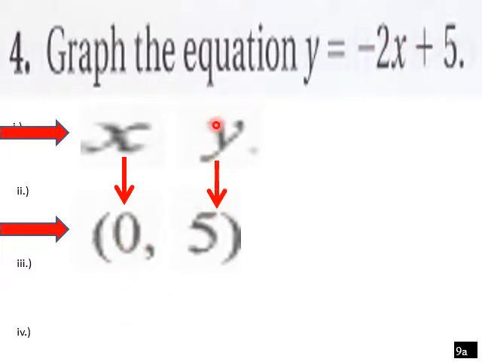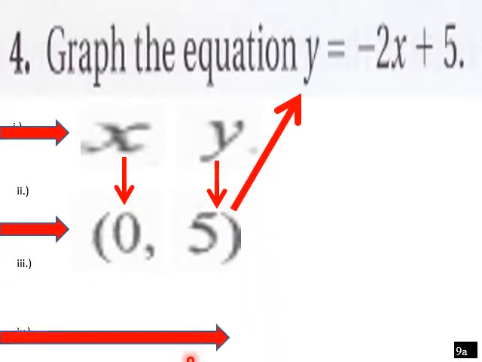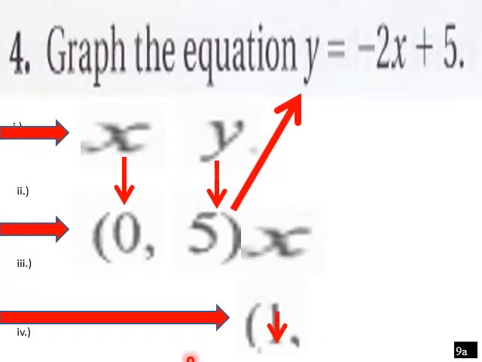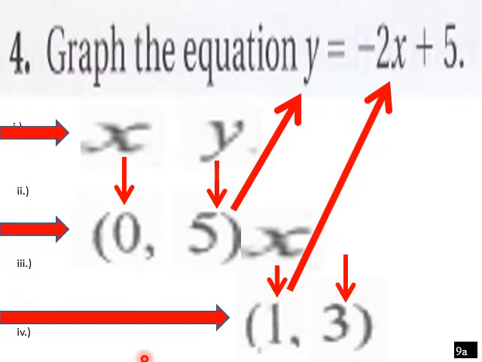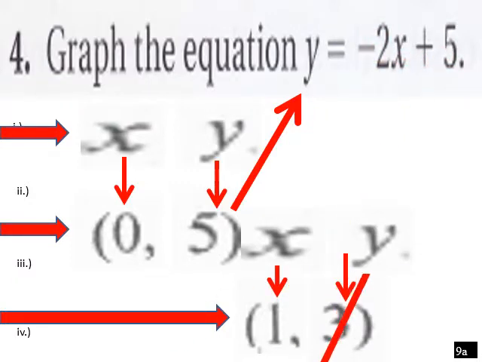When x equals 0, this is our y-intercept right here, positive 5. And then when x equals 1, what does y equal? Y equals 3, because 1 times negative 2 would be negative 2 plus 5 would be positive 3, yes?